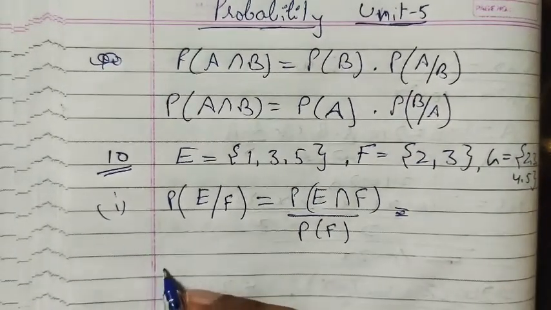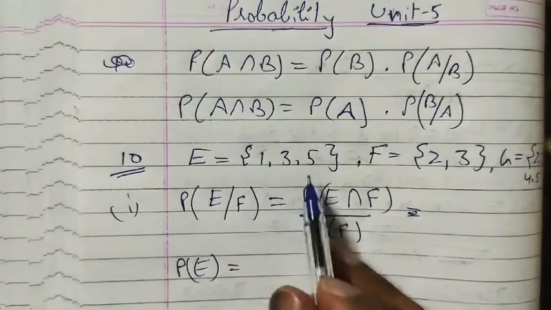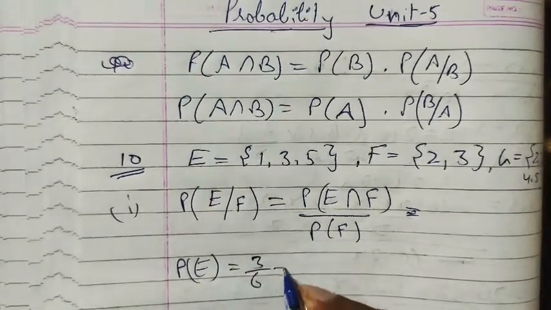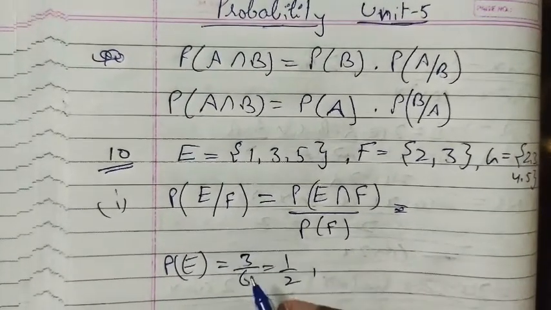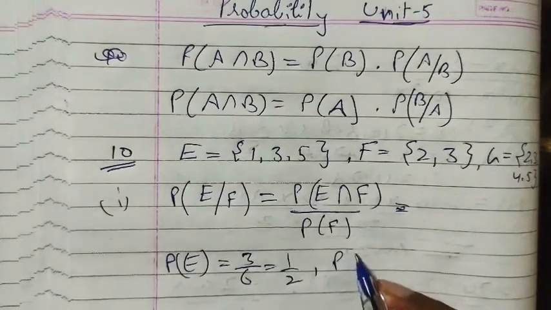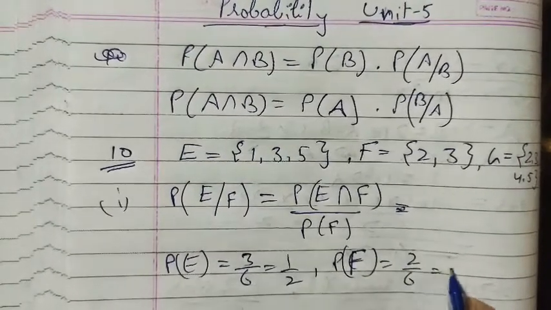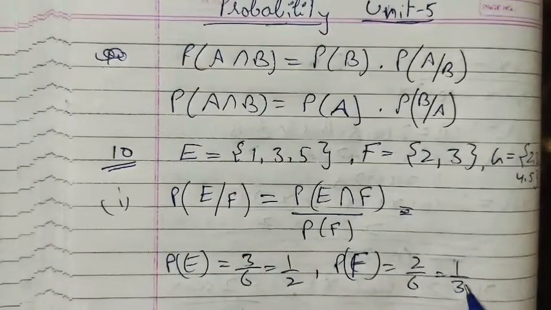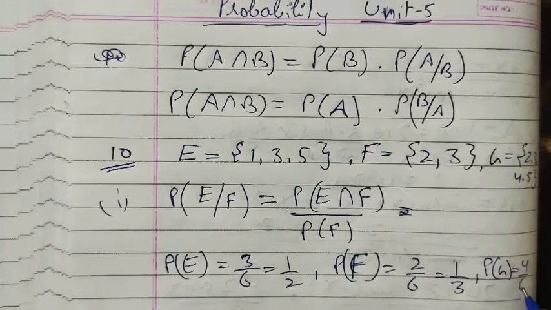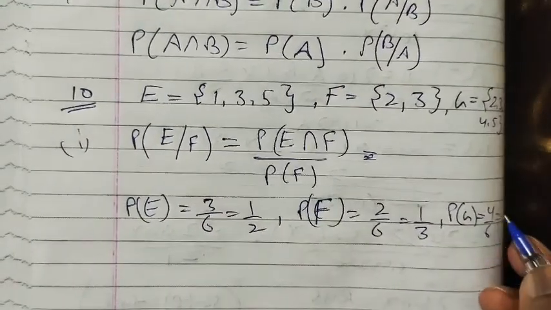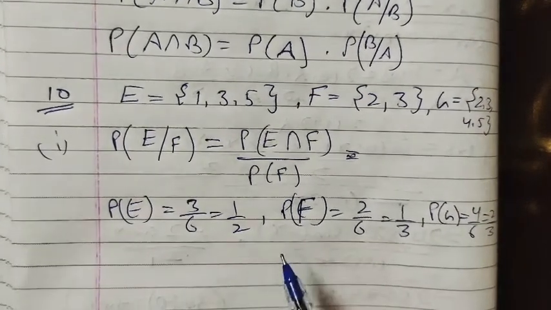Probability of E will be {1, 3, 5}, which is 3 upon 6, 1 by 2, because the total number of outcomes in a dice is 6. Similarly, probability of F will be 2 upon 6, which is 1 by 3. Similarly, probability of G is 4 upon 6, which is 2 by 3, right? So now let's do it.